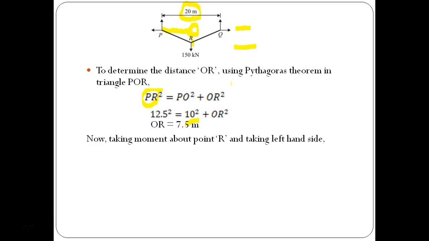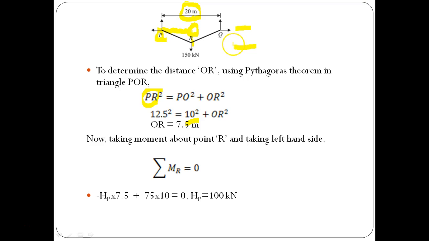Now we have to take the moment about point R. If we take it from the left hand side, then summation of moment at point R is equal to 0. So horizontal force, that is minus HP, horizontal force at this point P multiplied by this vertical distance.